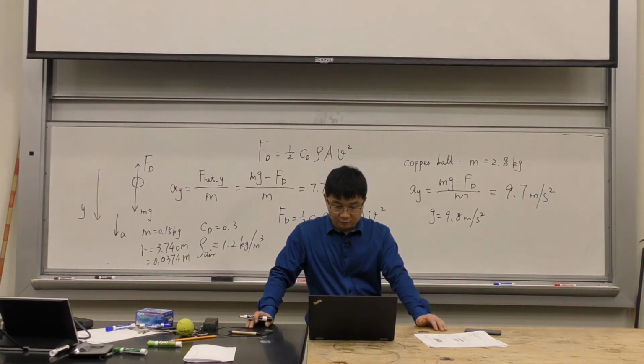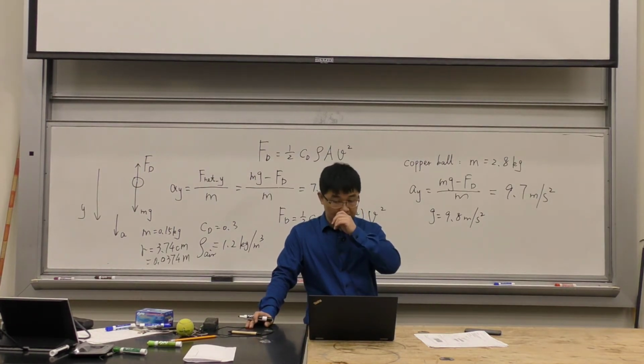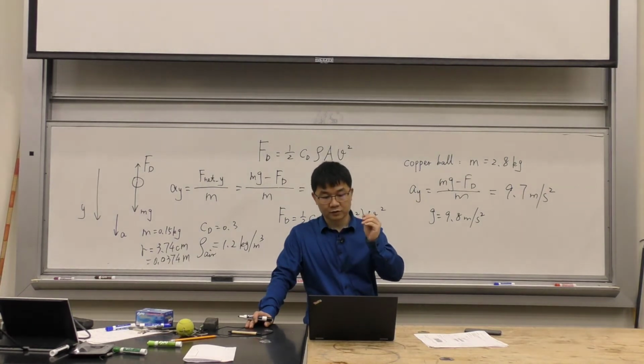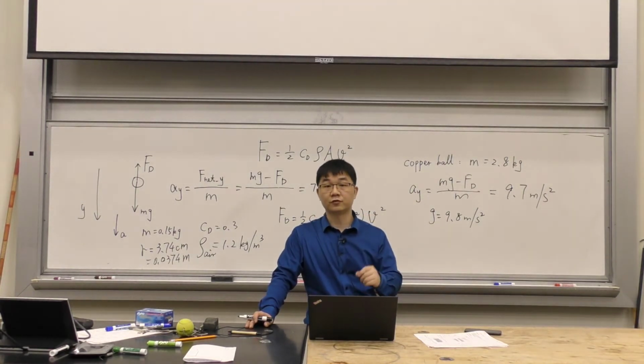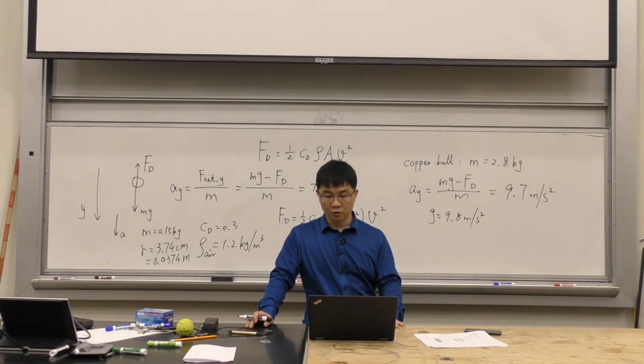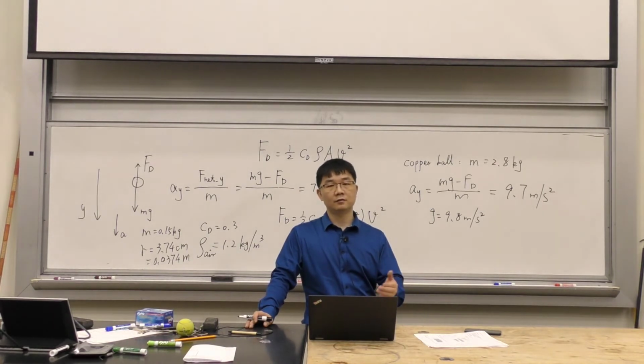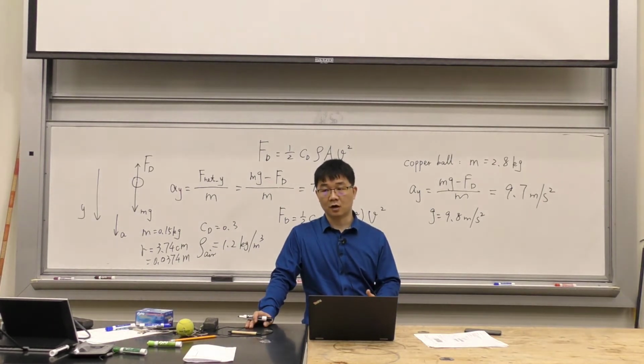Now we're going to talk about something falling with air drag, so it's not a free fall anymore. So the velocity actually behaves very interestingly. It's different than velocity in free fall. When I ask you how does the speed of an object change in free fall, that's very easy.